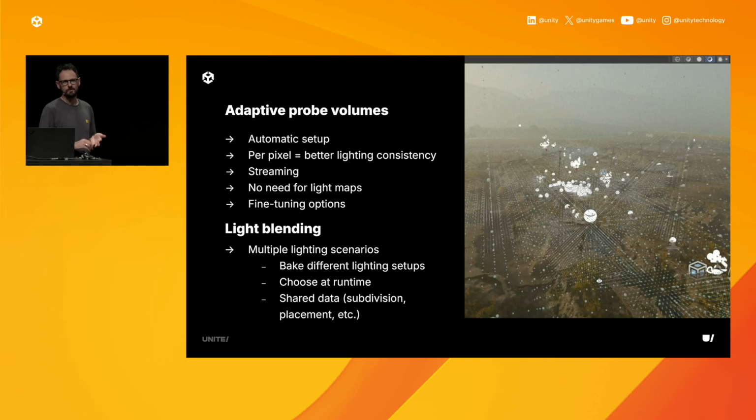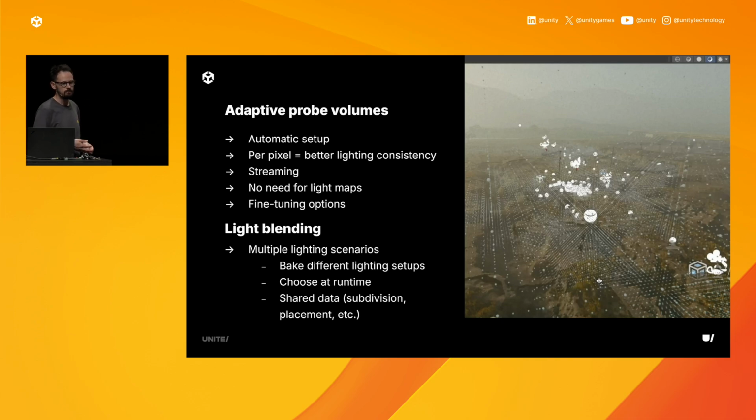Ideally, you would use full-time ray tracing or path tracing, but I guess you wouldn't make it as performant as we did. So obviously, that was off the books. So we ended up using adaptive probe volumes. The good thing about adaptive probe volumes is that the setup is automatic. You don't really need to do much. You just click a button and Unity will do everything for you.